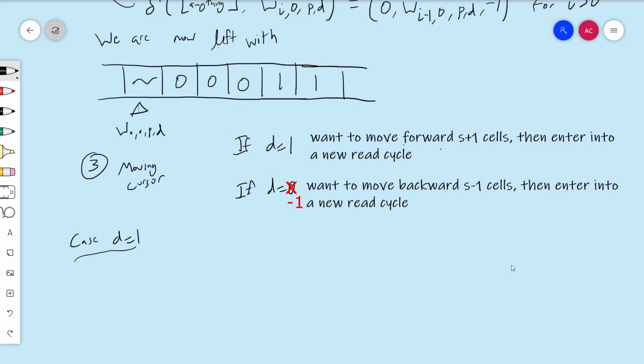So I'm going to define forward move states. Just like I defined write states and read states, I'm going to define forward moving states.